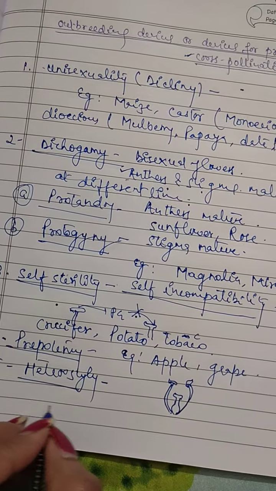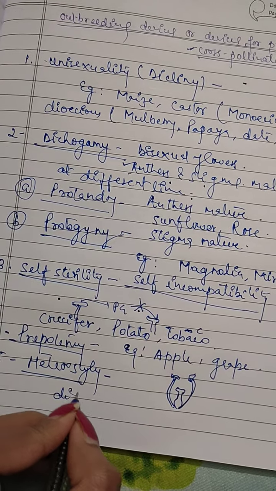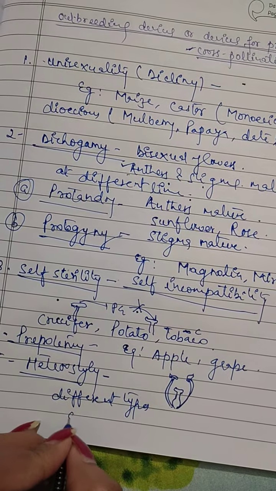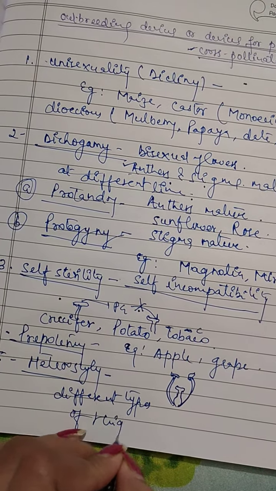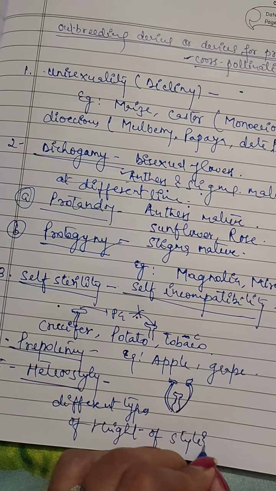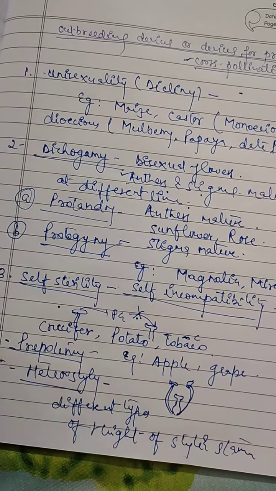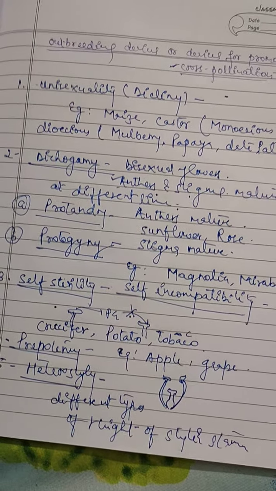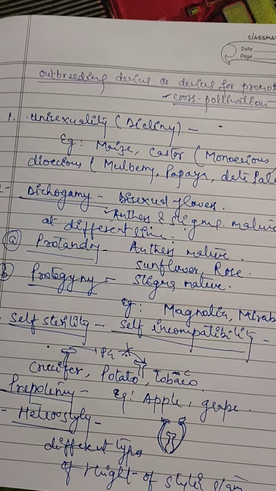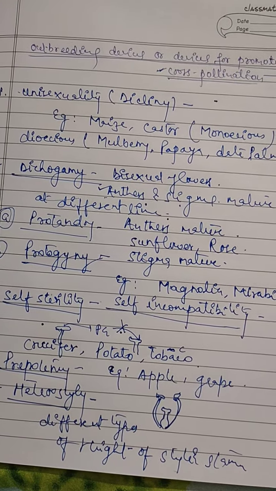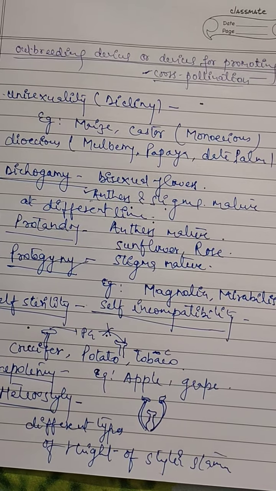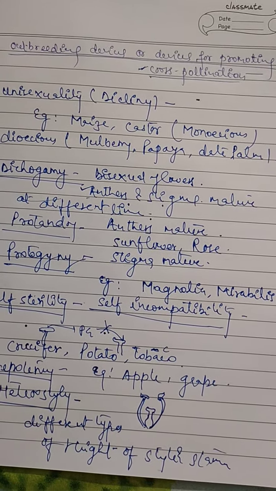So flowers have different types of height of style and stamens. So this is heterostyly. This also prevents self pollination. In heterostyly, pollination occurs between anther and stigma of the same height, which condition is found in different flowers, so that cross pollination is effected.